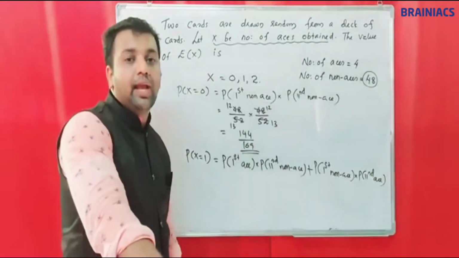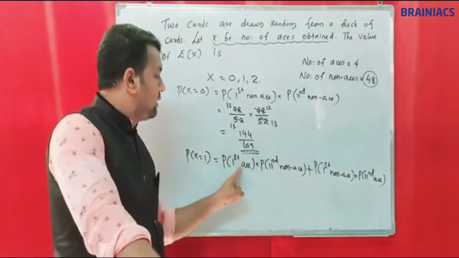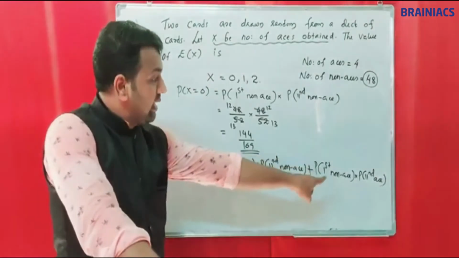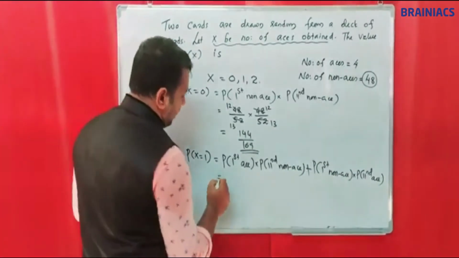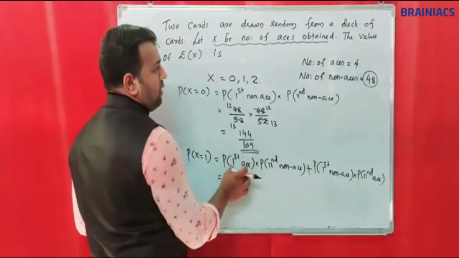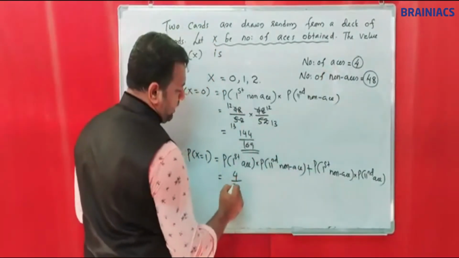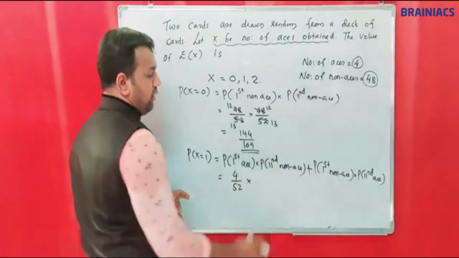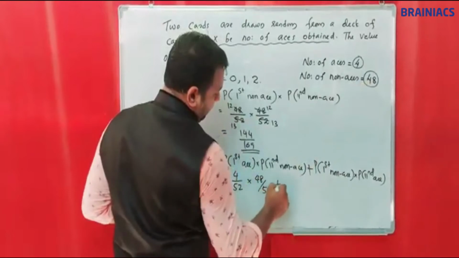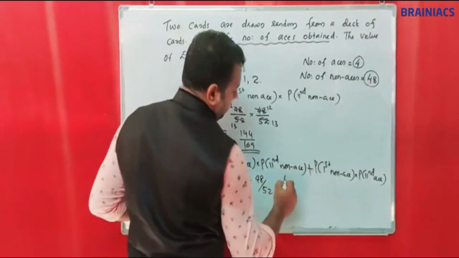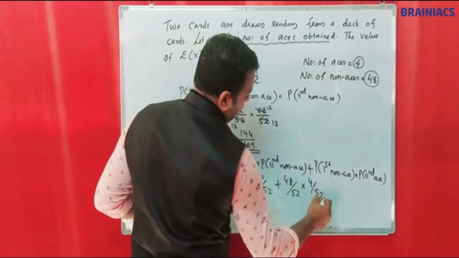So we have two cases for x equal to 1: first ace, second non-ace, or first non-ace, second ace. The probability is 4 by 52 into 48 by 52, plus 48 by 52 into 4 by 52.